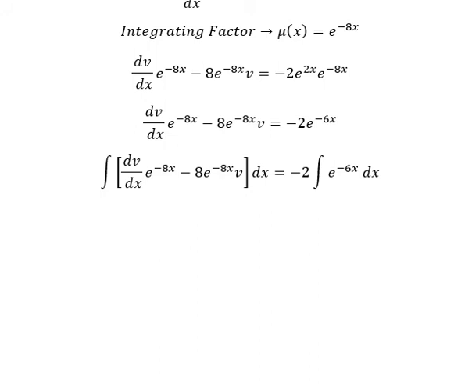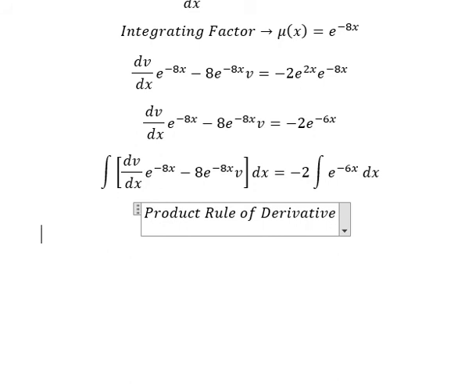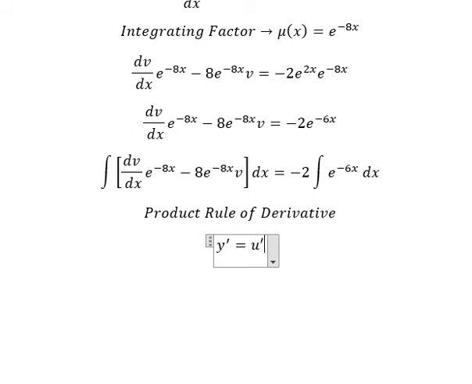Now, I need to apply the product rule of derivative. So we have y equals to, the first derivative of y equals to the first derivative of u multiplied by v plus the first derivative of v multiplied by u.